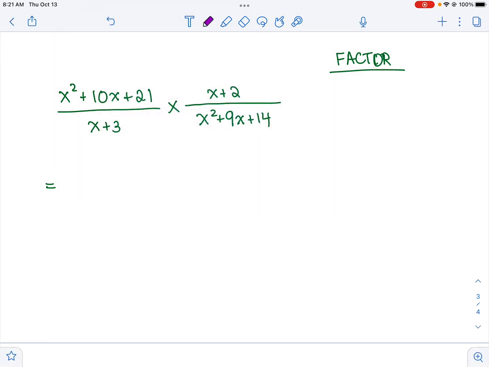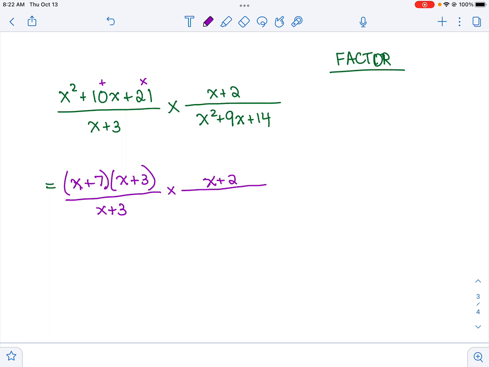My top is a simple trinomial: what multiplies to 21 and adds to 10? 7 and 3. So x plus 7 and x plus 3. Leave my denominator, and multiplied by x plus 2. And in my denominator, I've got a simple trinomial again: what multiplies to 14 and adds to 9? So x plus 7 and x plus 2.